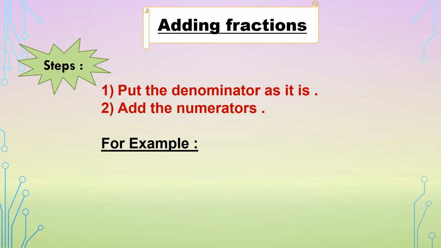For example, to be clear, 2 over 7 plus 4 over 7. We want to make an addition operation here. What shall we do? What do you observe here? Look at the denominators. The denominators here are the same.